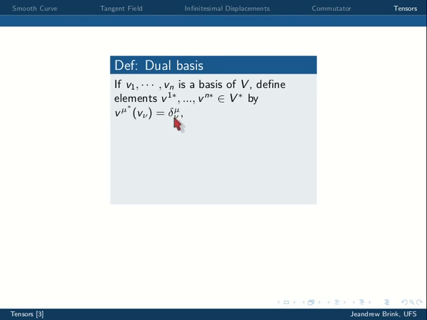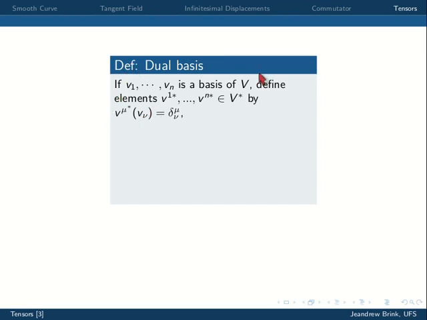If you take the second element in your dual basis and apply it to the first element in your vector basis, you get 0. So in some way, it's like an inverse basis.